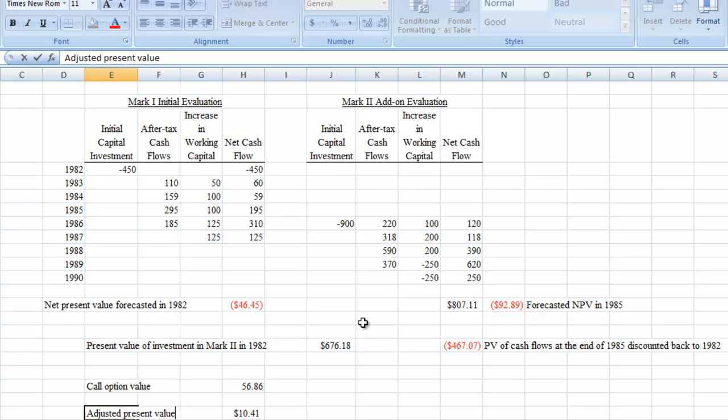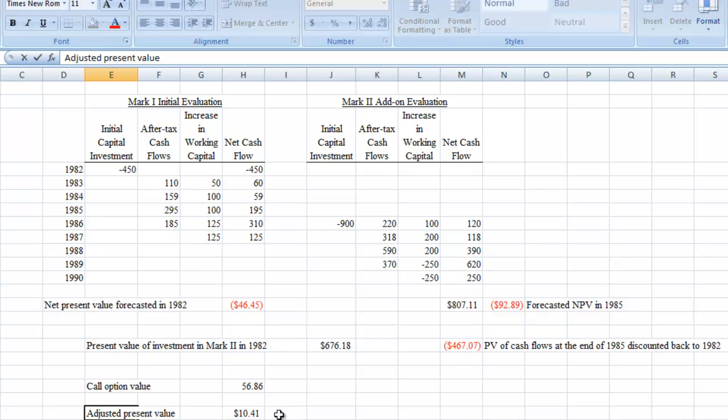So in order to determine if there's any potential value, we want to have a call option. And so the value of this thing is 56.86, which is positive. And if we net against that the net present value that we calculated up here for the Mark I project, we've got an adjusted present value of 1041.